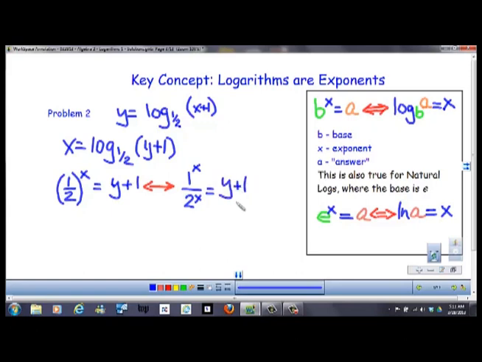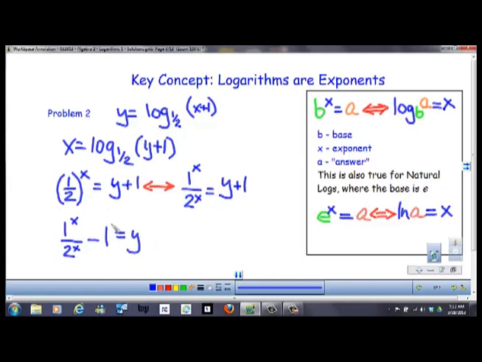Good. Now what do we need to do? Well, we want to get y by itself. We'll subtract 1 from both sides. We get 1 to the x over 2 to the x minus 1 is equal to y.